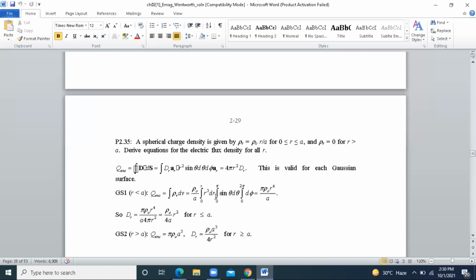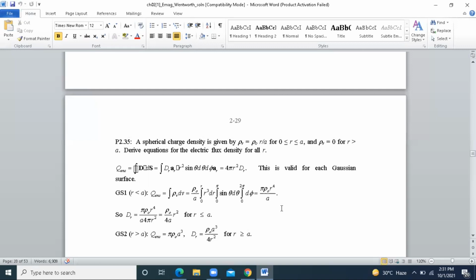That's this, because in the question it was given that rho_v equals rho_0 r over a. You would plug it into the equation for psi, where it has the integral of rho_v dv.